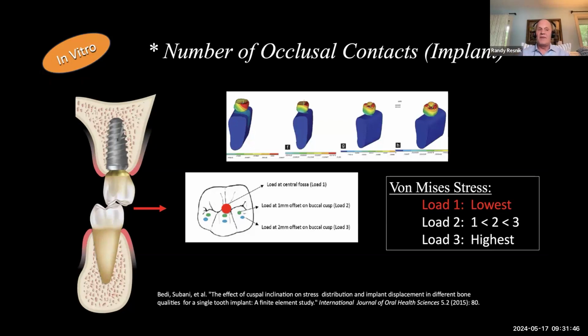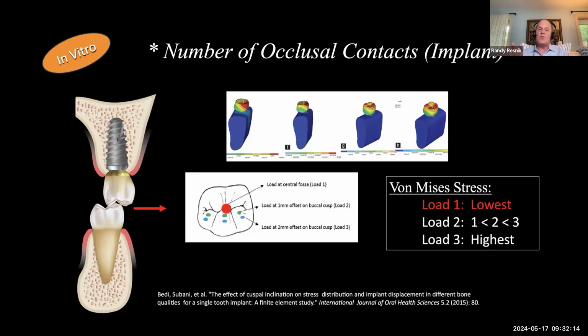There are a lot of in vitro studies, and this is one of the better ones that looked at the number of occlusal contacts. Basically, they looked at whether it is better to have a single area, such as that red circle in the center of the tooth, or also green, which is on the inclined planes, or blue, which is even higher up on the cusp tips.